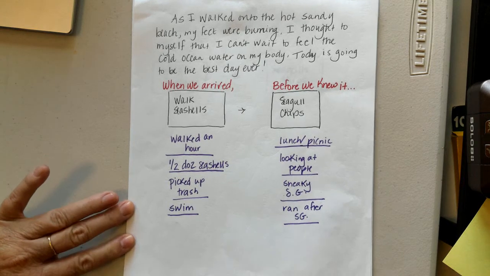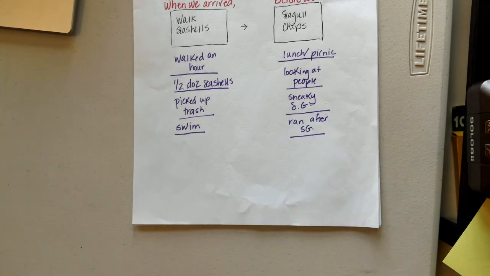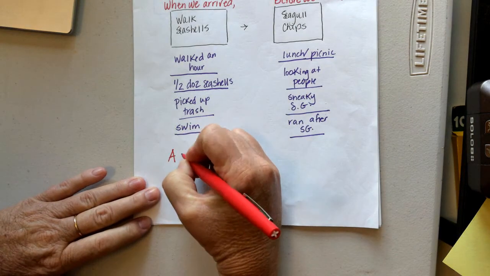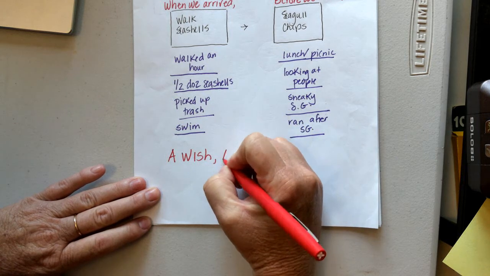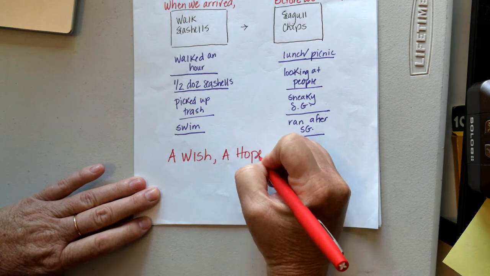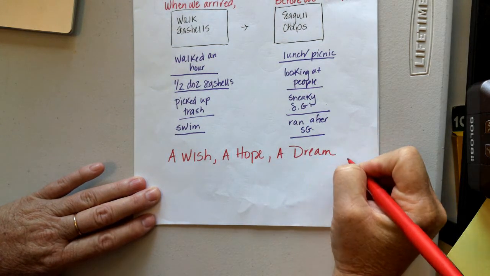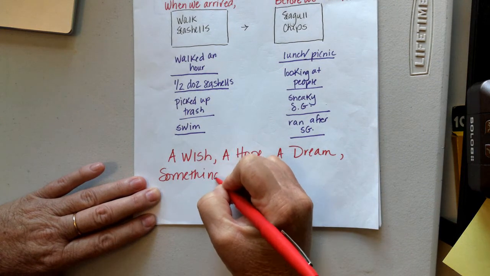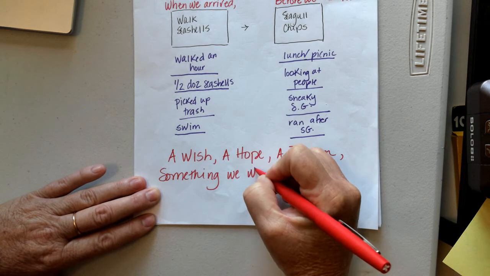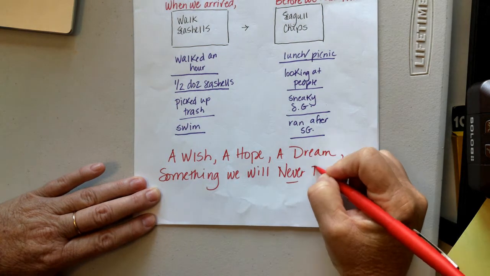Now, the last thing that we're going to be doing is our closing. And in a closing, we want to put a wish, a hope, a dream, something we will never forget.